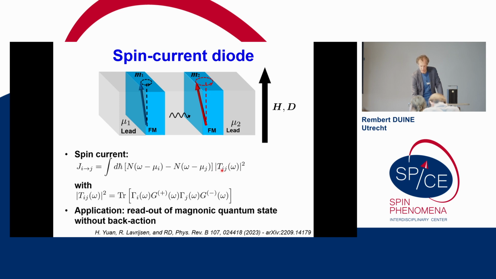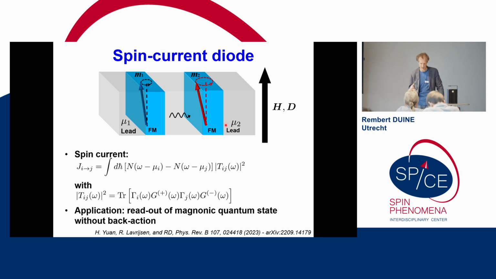This transmission probability is not zero for left to right, depending on the sign of the field, and is zero for propagation in the other direction.